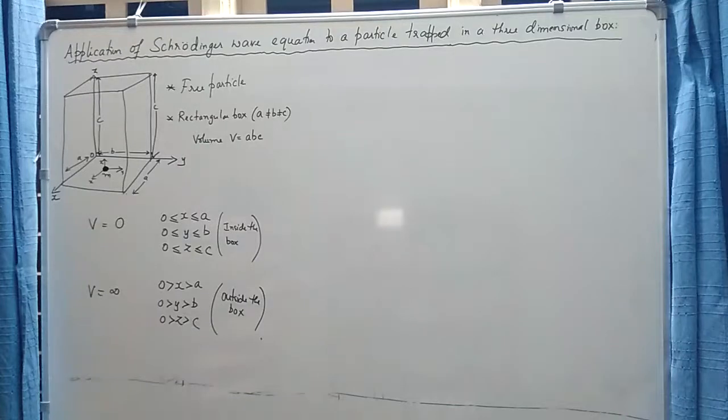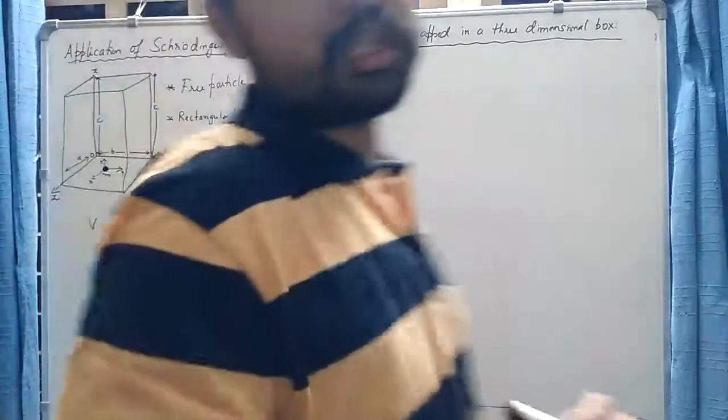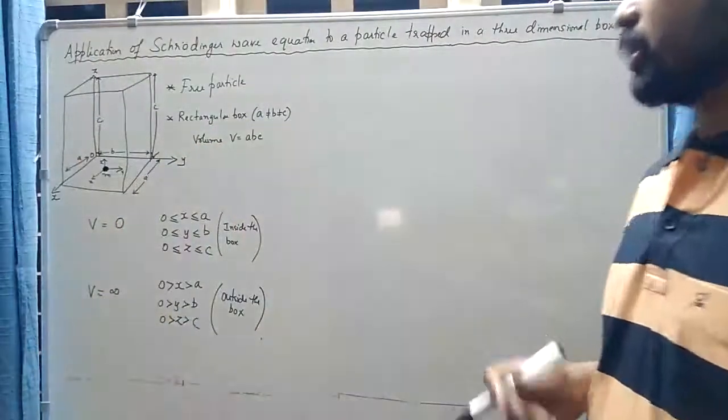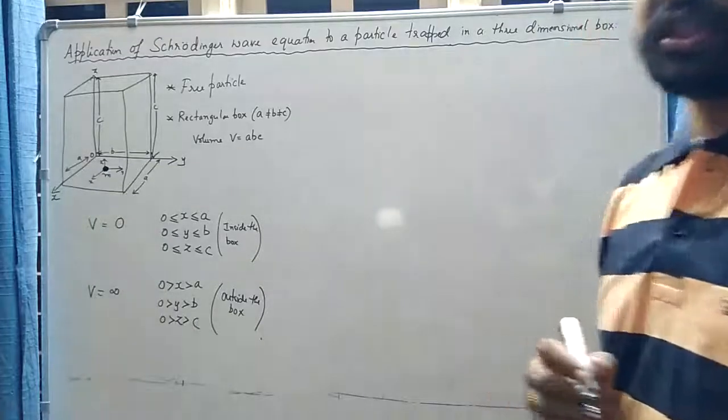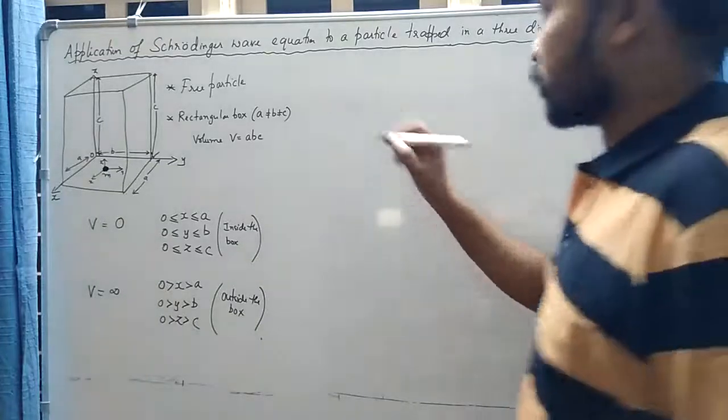Now let us apply the Schrodinger wave equation to this system. We will begin with the general Schrodinger wave equation. Since this is a three-dimensional problem, we have to use the three-dimensional Schrodinger wave equation.